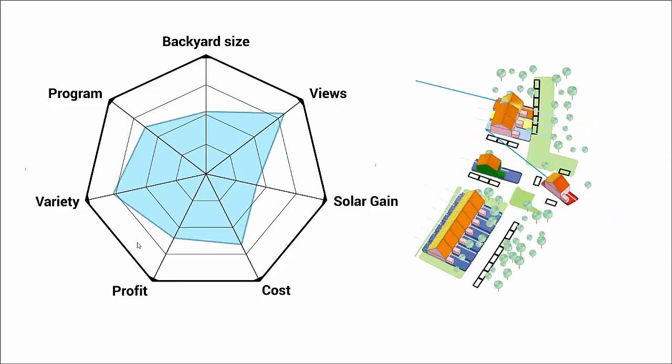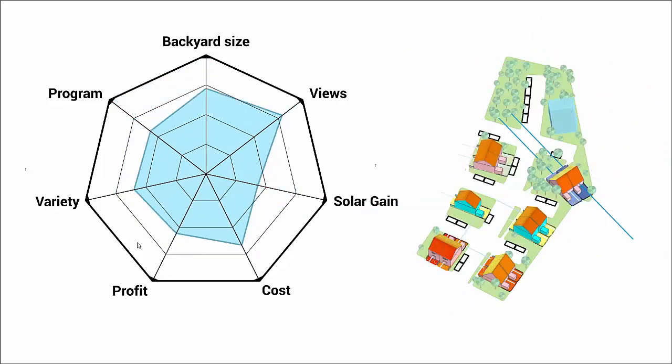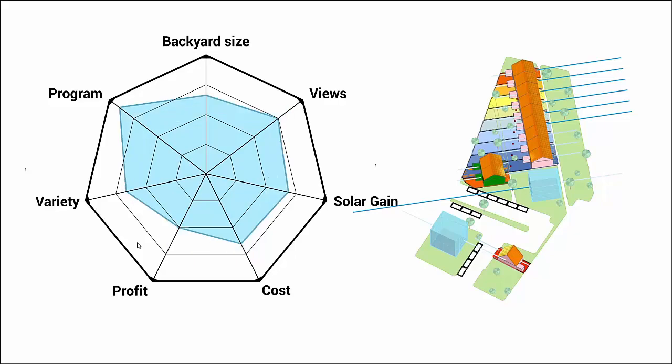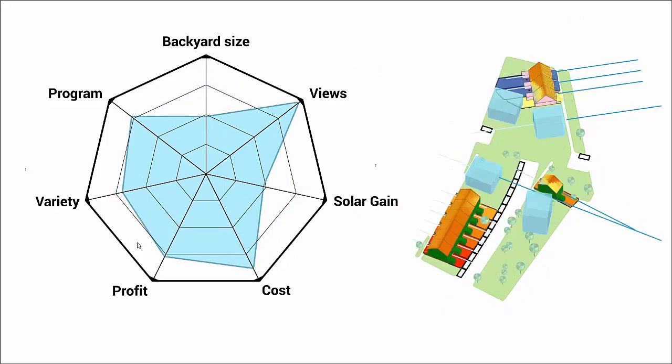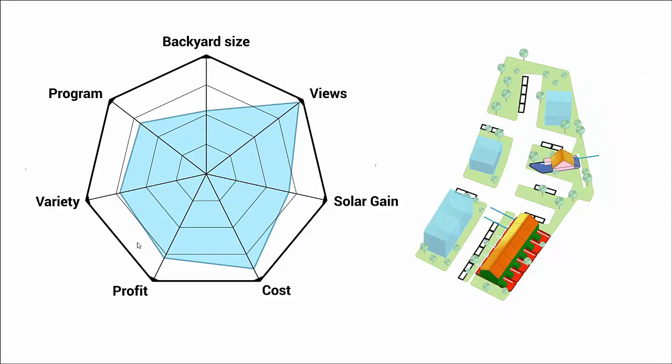And of course, being a house builder or a developer, we need to look at what it's going to cost, what our profit margins are with how many units we have on that site. And if we want to be a bit more unique and not just have repetition, we can have variety. So this is a really powerful engine that will generate about 15,000 different design options using this script.